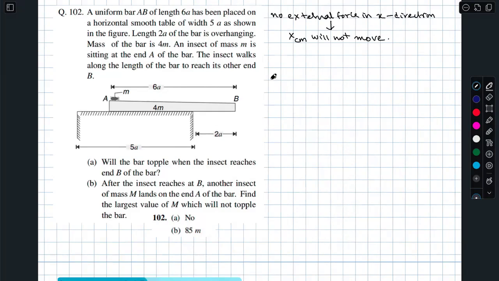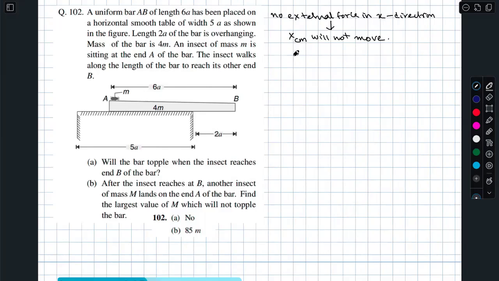So what I can write is, the insect is moving. Forget about all these things.